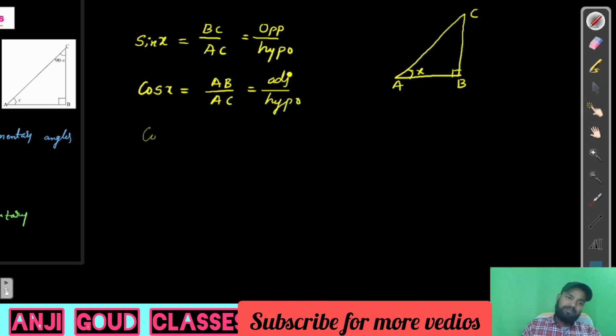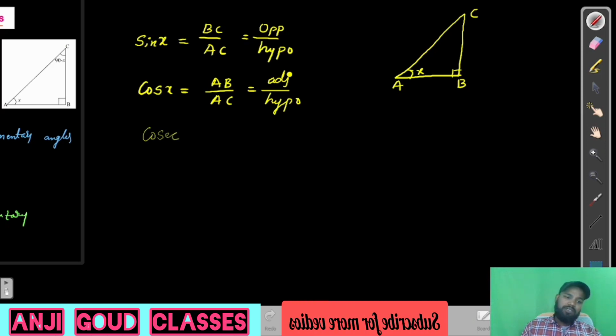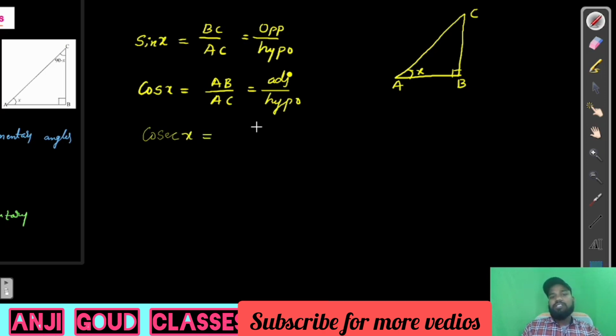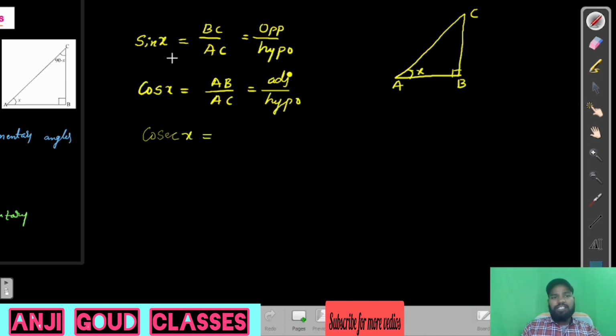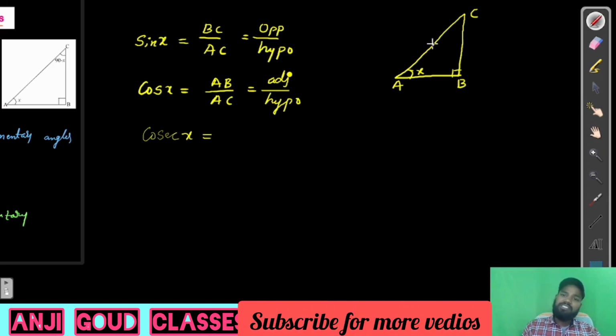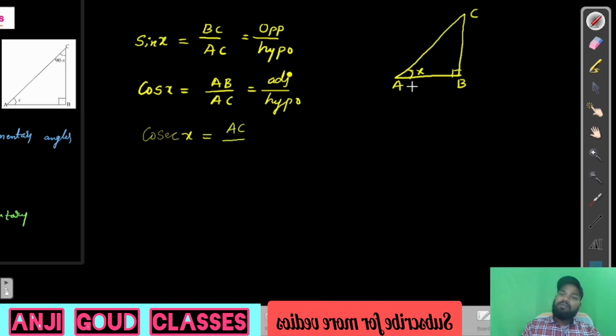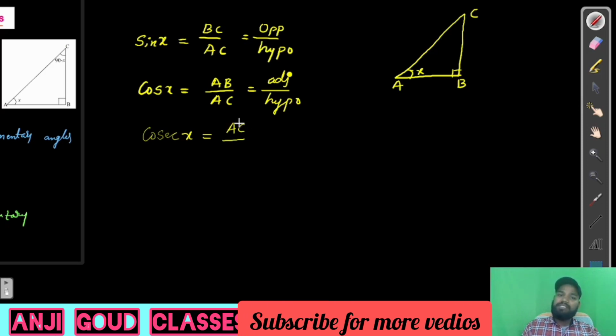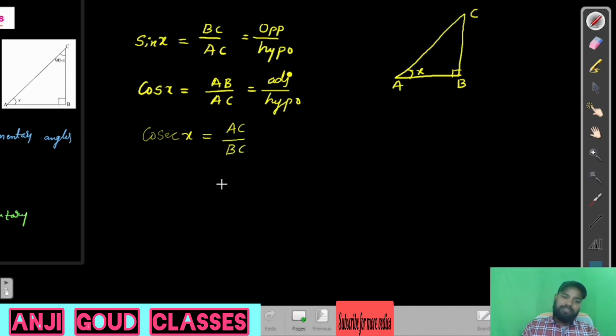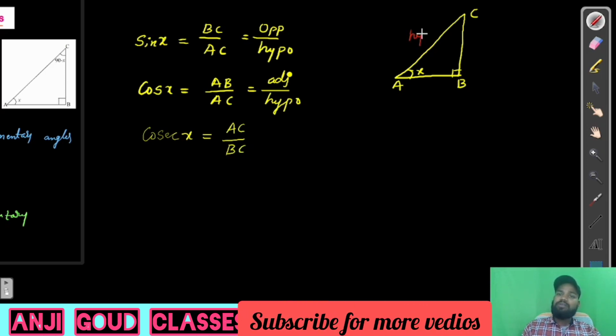Cosec. What is the cosec x formula? Cosec x is the reciprocal of sin x, right? So it is nothing but hypotenuse by opposite. Hypotenuse is AC, and opposite is BC. If you are confused, this is hypotenuse, this is opposite, and this is adjacent.